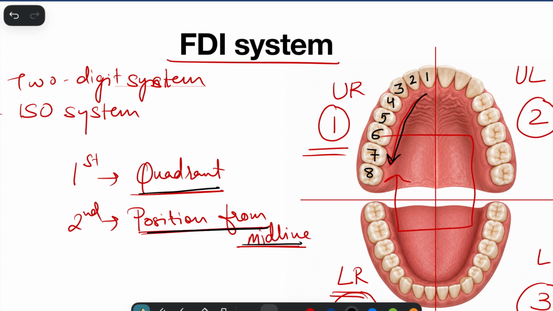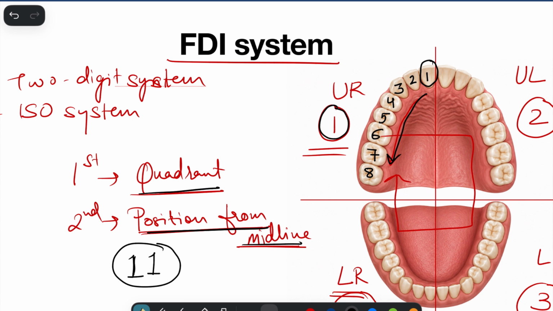We represent the upper right side with number 1, so the first digit will be 1, and the central incisor is represented with number 1. So 1, 1. This is how you represent the maxillary right central incisor.